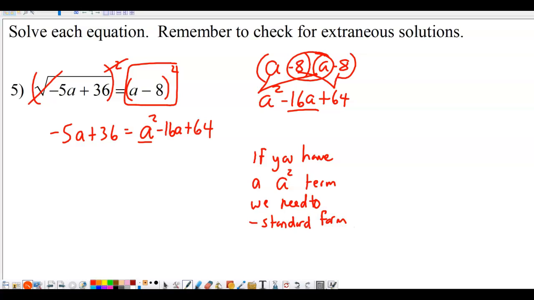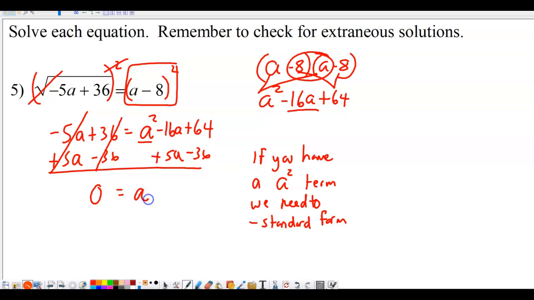First, that means we're going to move everything over to one side so that it equals 0. Let's see, subtracting these I would get 28. And then from there you're going to factor and solve.